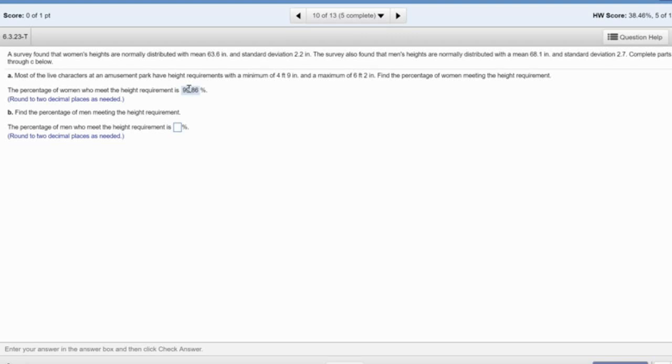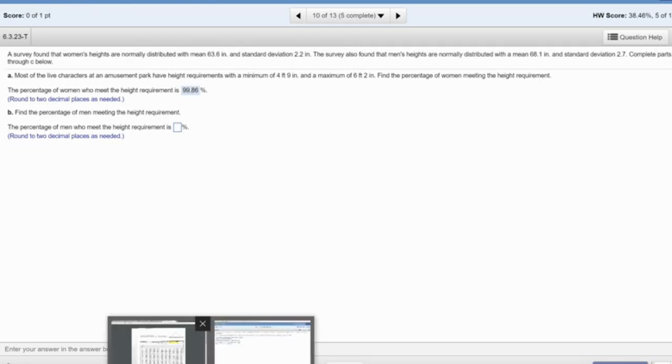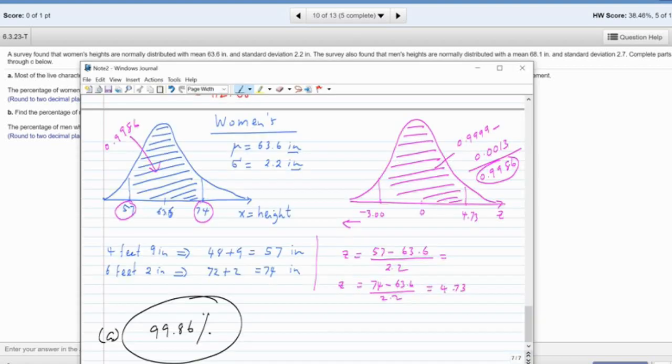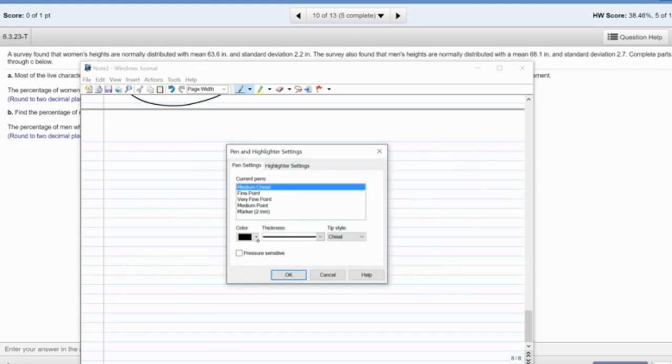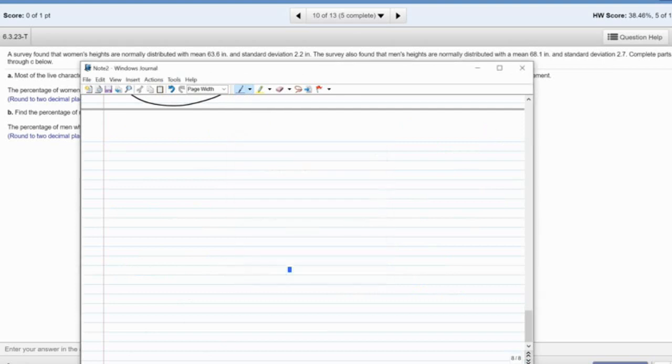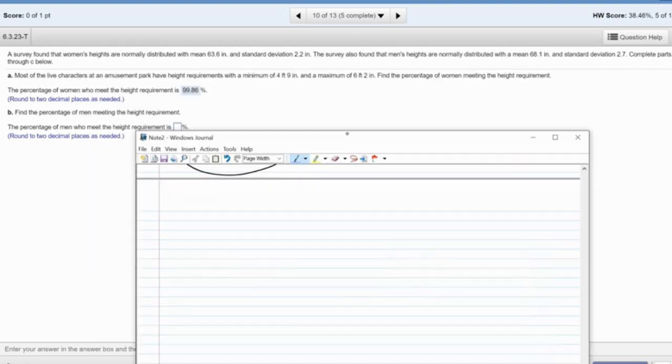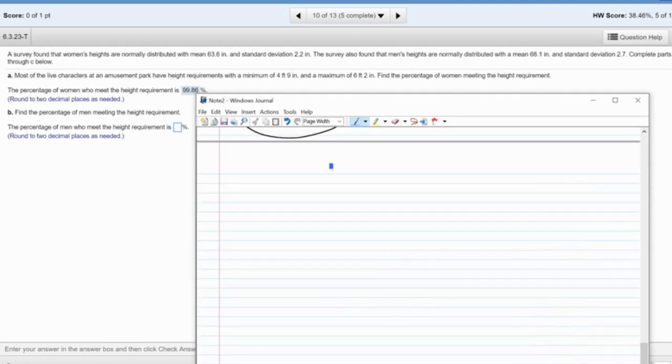So now we have to do the same thing for the population of men. Let's open a new page. Now we're going to do the same thing for the men.